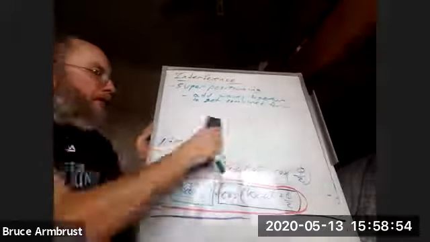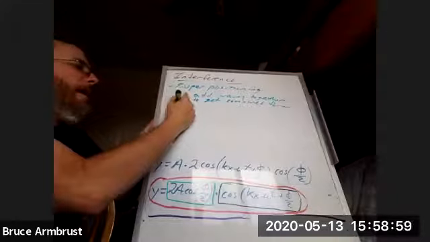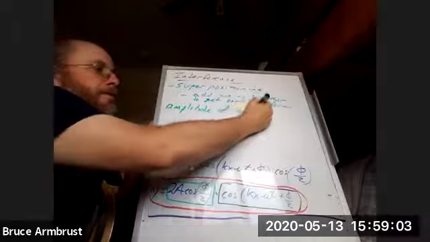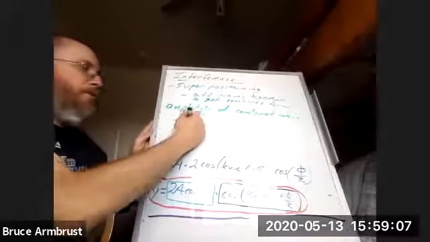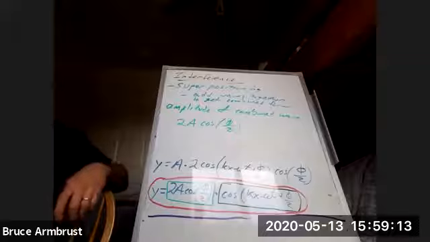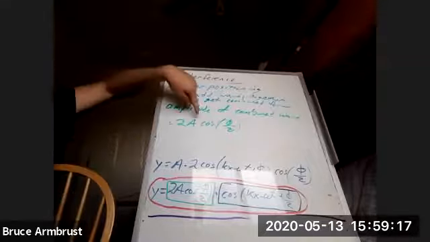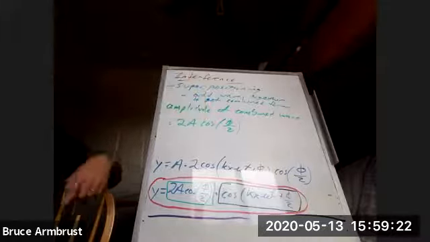Let me write something up here. The amplitude of the combined wave is 2a cosine of phi over 2. Now, you know cosine is trapped between plus and minus 1.